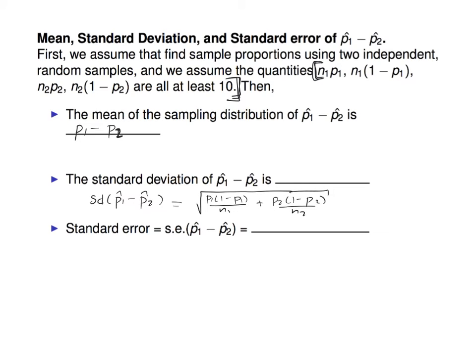And the standard error of p1 hat minus p2 hat is when you estimate the standard deviation, and that's given by the square root of p1 hat times 1 minus p1 hat over n1 plus p2 hat times 1 minus p2 hat over n2.